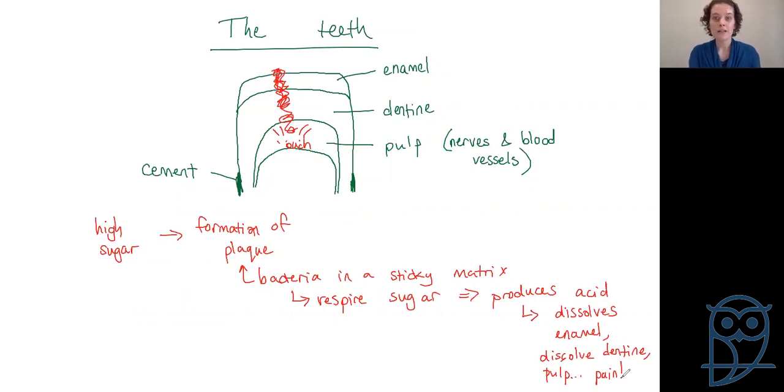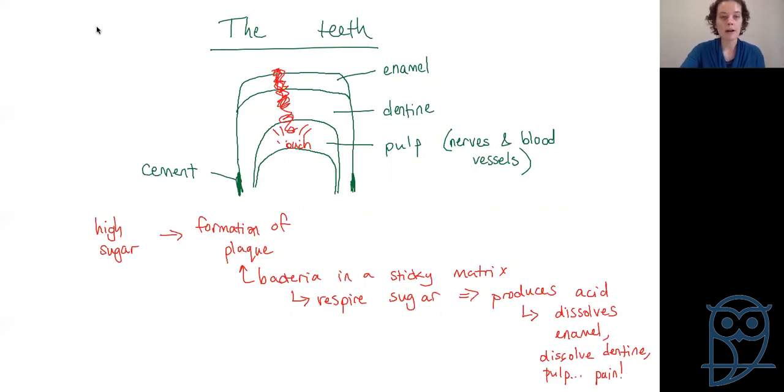We've talked about the effects of a high sugary diet and all of those things that are nasty in the world that have bad effects on general health and well-being, but they also have a bad effect on your teeth. So it doesn't matter which teeth we're talking about.